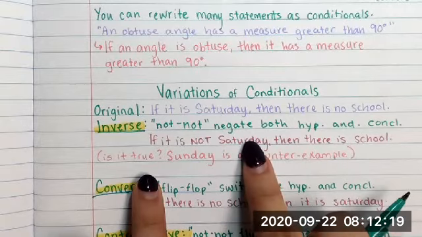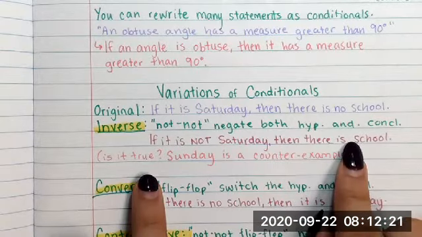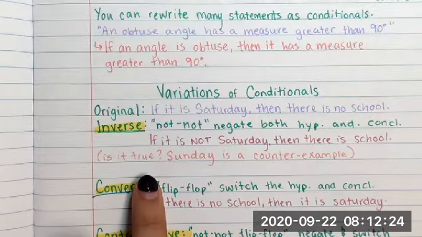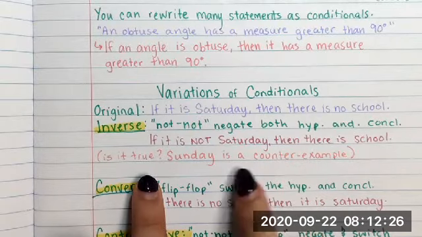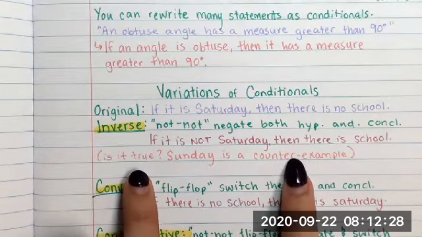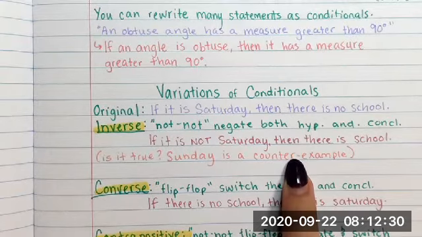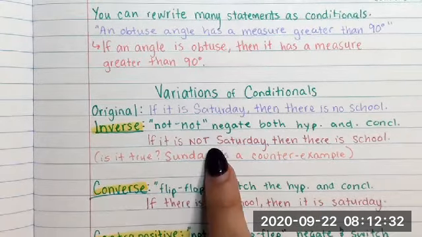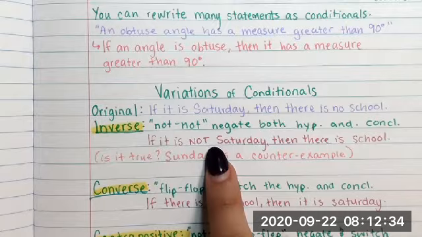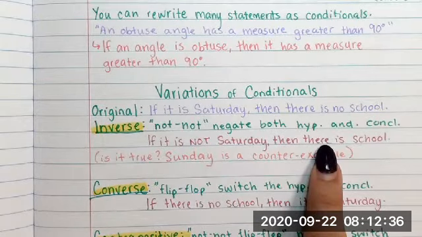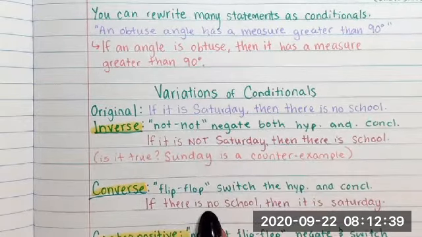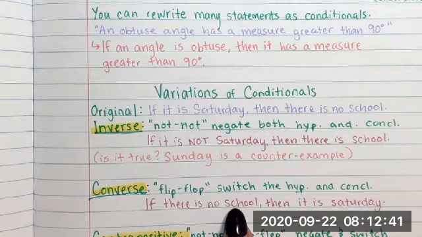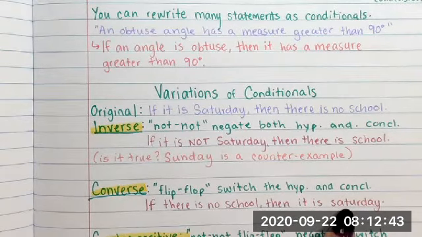Sunday's a day that's not Saturday, but there isn't school. And so we identified that whenever a statement is false, we need some sort of counterexample. And the counterexample is something that was true for the hypothesis, but false for the conclusion. It's true that there's no school on a Sunday, but it's false that Sunday is Saturday.